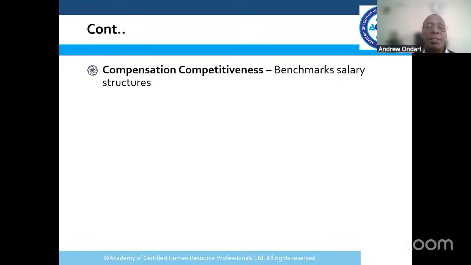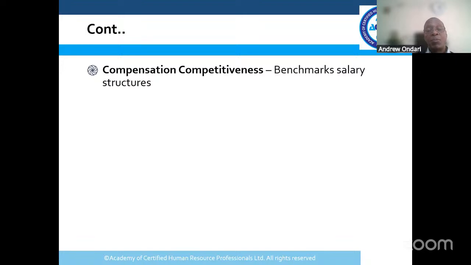Equity is the fairness of payment when people compare their pay with others. So with us, we need to compare how fair our salaries and wages are when we compare them to those in the industry.